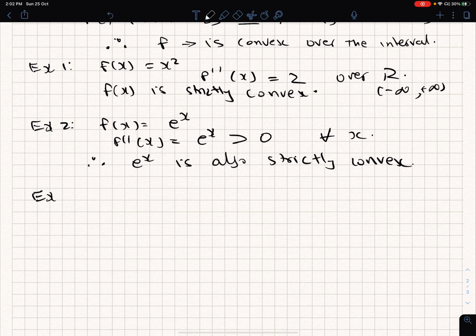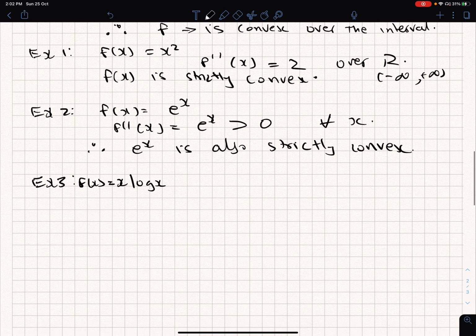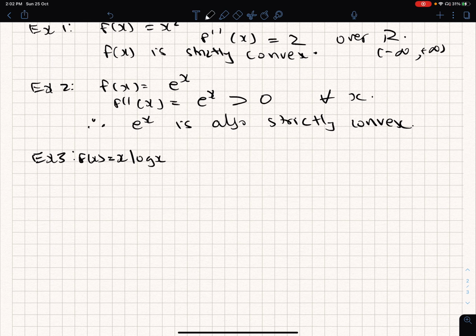Now let's look at the third function. f of x is equal to x log of x. Okay, let me write it more neatly. I hope you are enjoying this convexity. It's nice, simple, and yet so many interesting facts and applications around it.